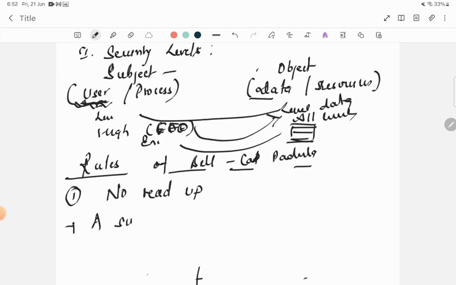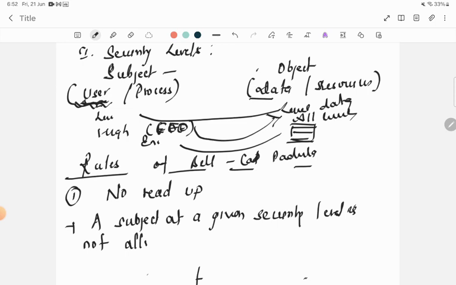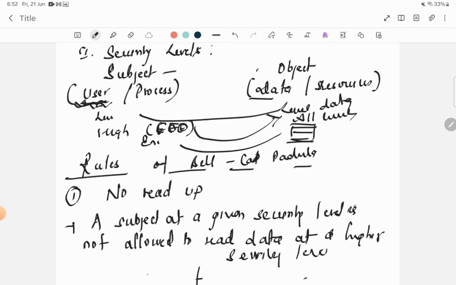A subject at a given security level is not allowed to read data at a higher security level.